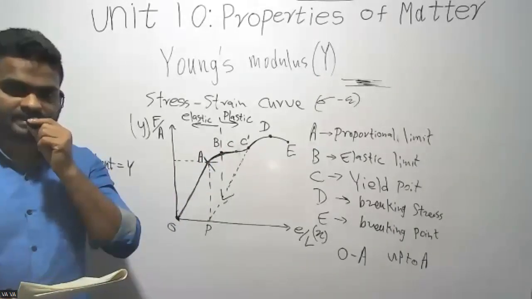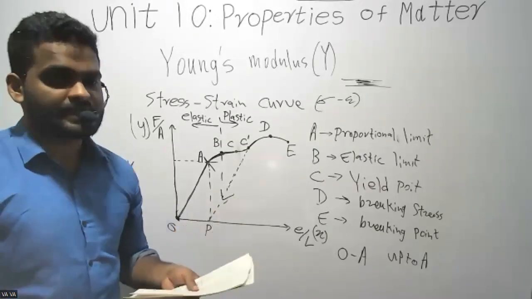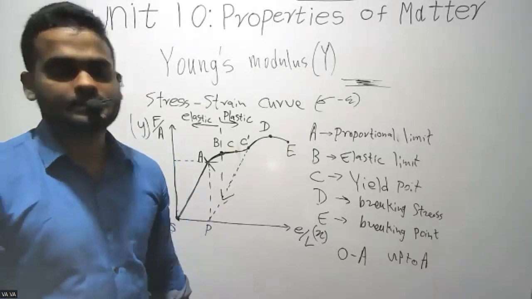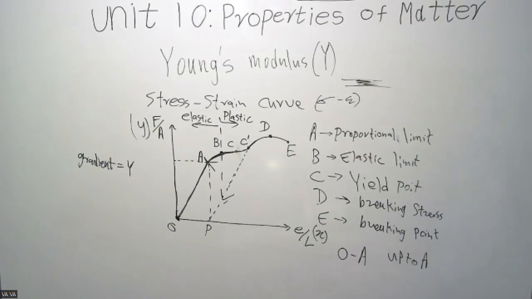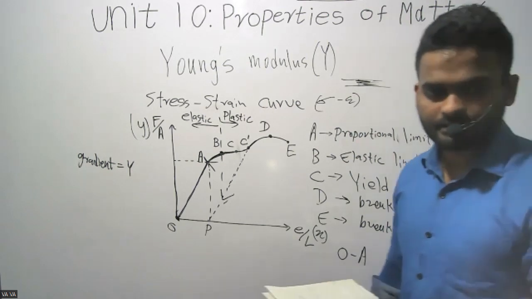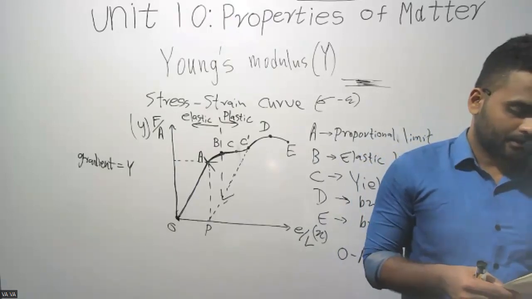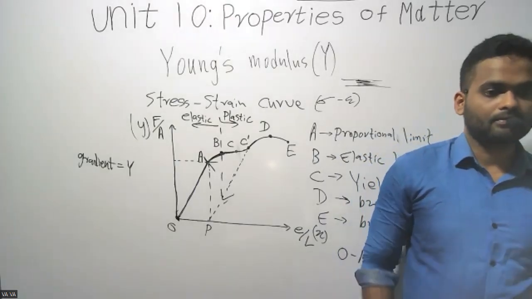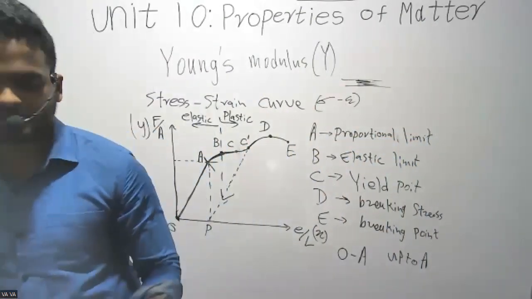Then write to the same line. C is the yield point. Beyond that, the graph is in the plastic region.